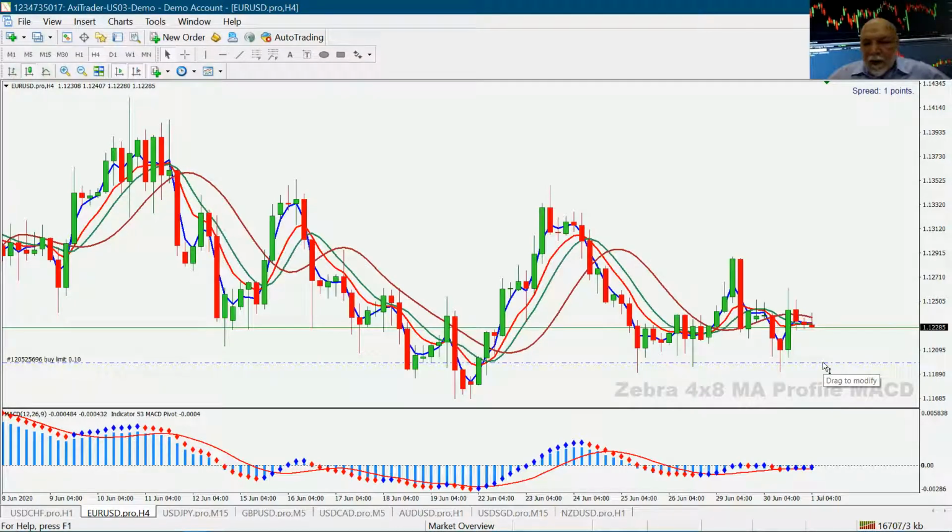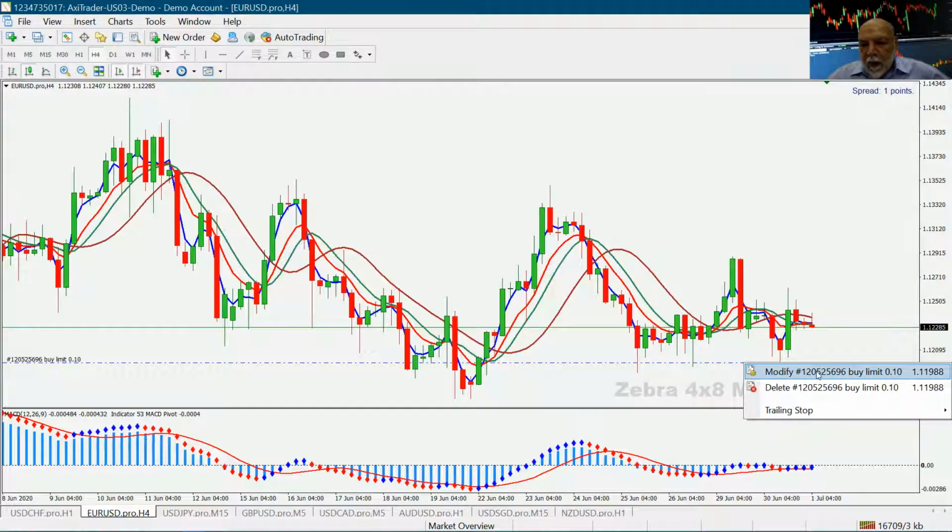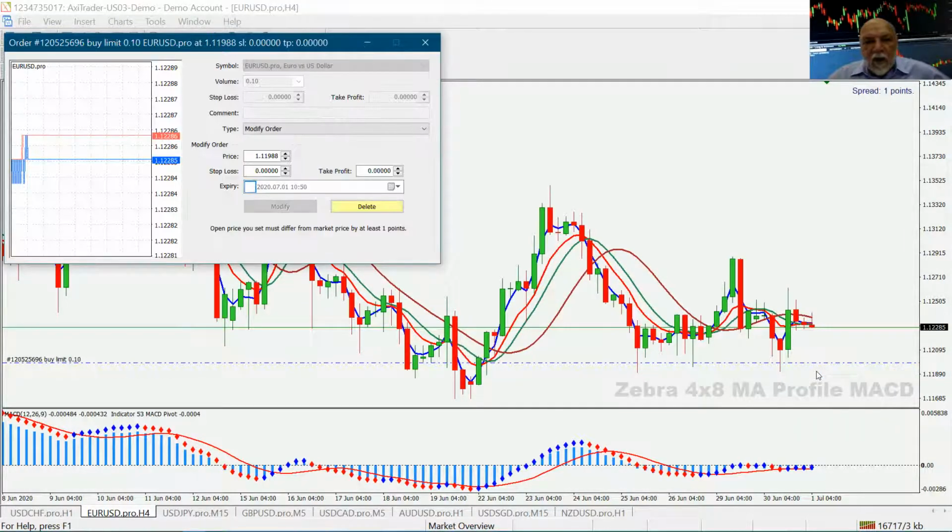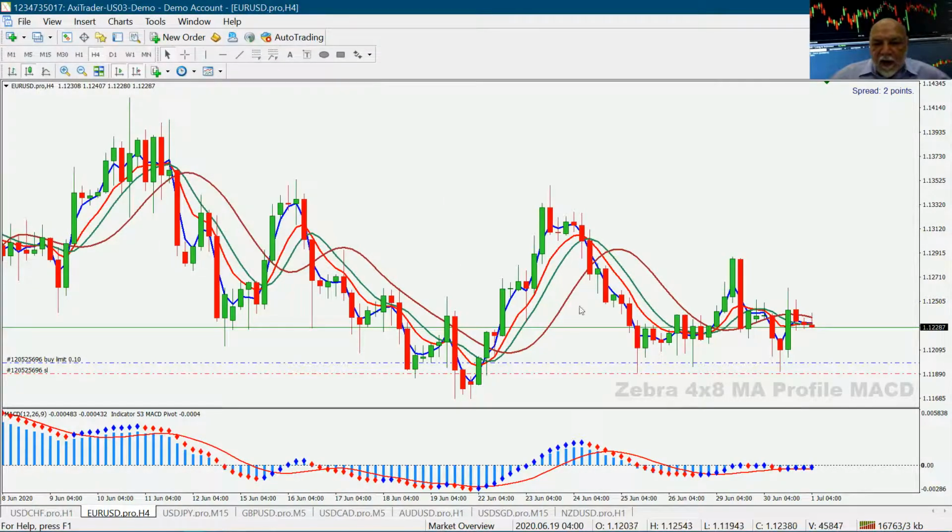Okay, modify, and I'm going to first identify my stop loss. I've got a buy, so that's got to come down. Just pull that down, modify, and now I'm going to pull that down below here.